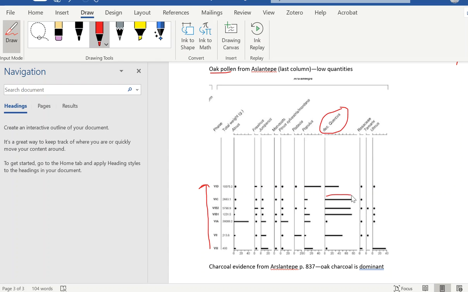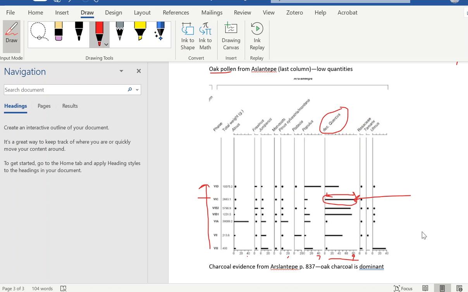So look at what you can really do, just really simply, is make sure you're in the right scale for looking at these things. But you can see that this number is 80, this number is 40, this is 20, this is 40. But by far, this scale is bigger. So when you see a line like this, it's telling you that during this particular phase of the site, you've got a lot of oak charcoal being used.